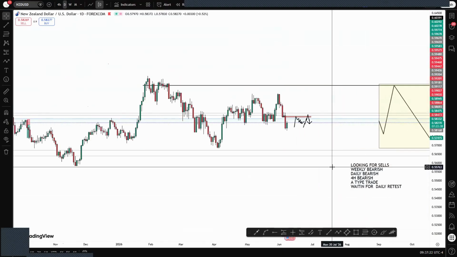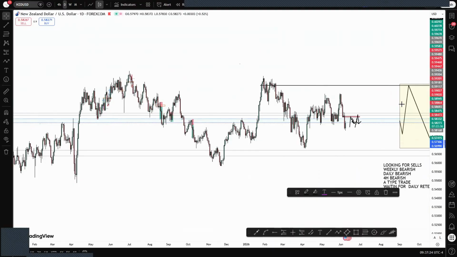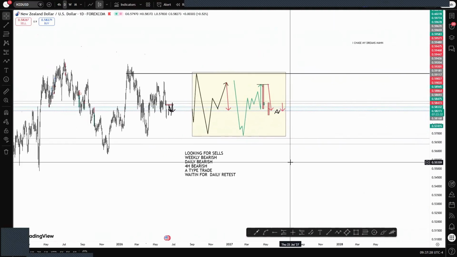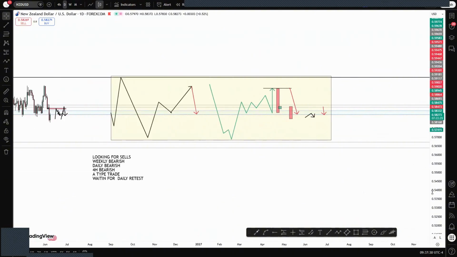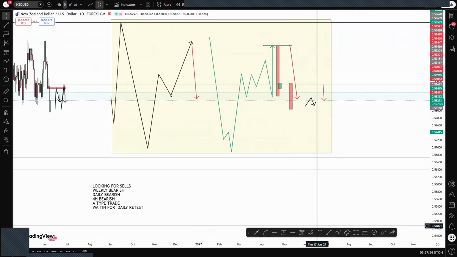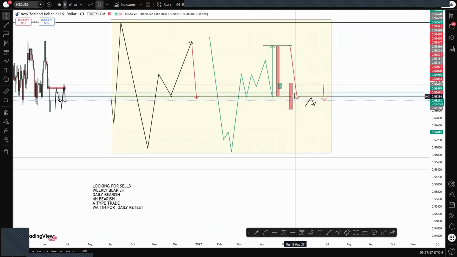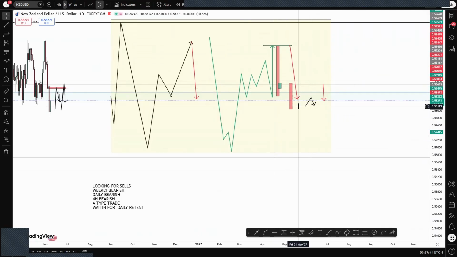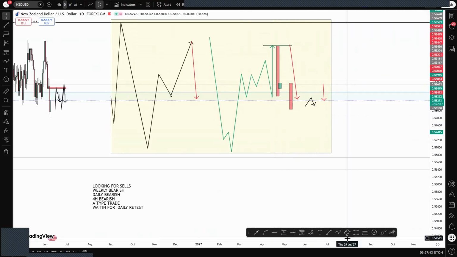First, my concern was the daily time frame and the weekly time frame, and now you can see that we have already dealt with these time frames. But now this has turned into a trade.